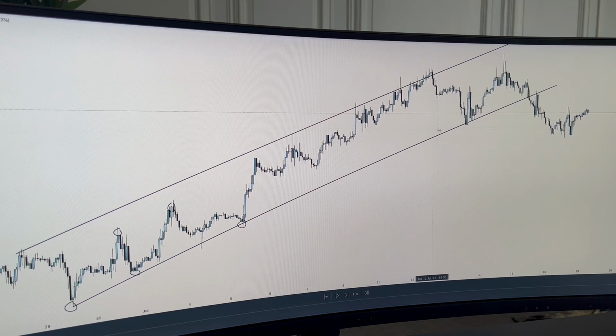We're forming higher highs and higher lows. However, as you can see, this is our most recent higher low point, and then this is our most recent higher high point. Now, notice here in the market how price tries to form a higher high.